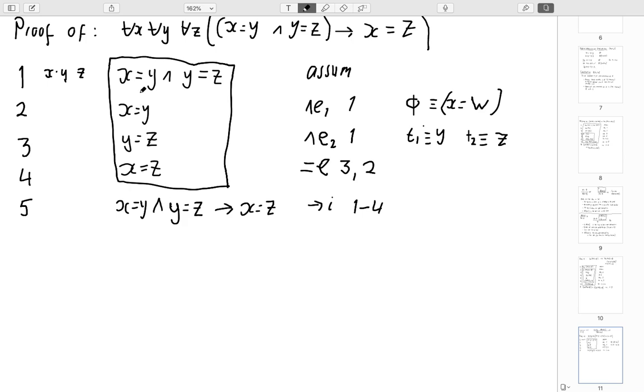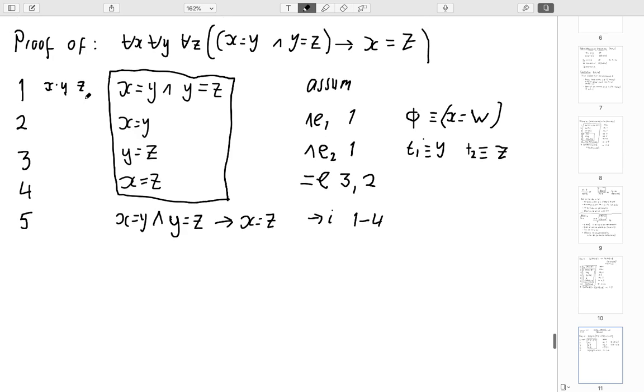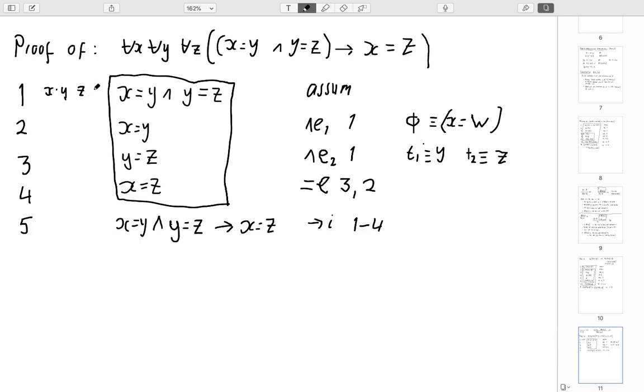Okay, so we've closed this assumption, but we haven't yet got rid of the x, the y, and the z arbitrary variables. But now we're going to do that one at a time. First show for all z this formula, then for all y this formula, then for all x this formula, using the universal introduction rules.